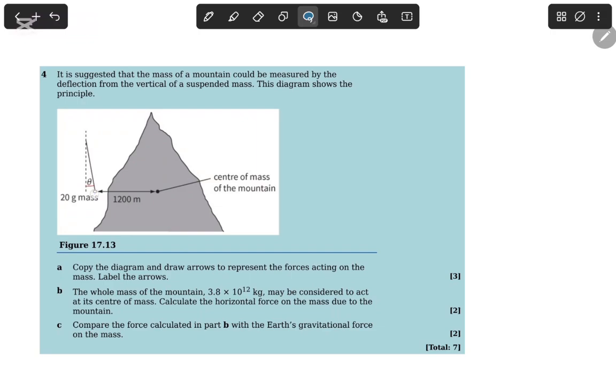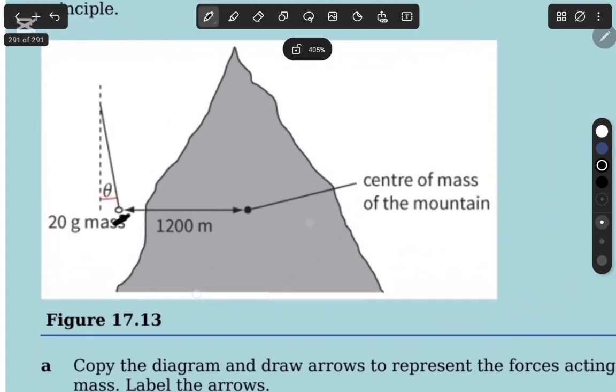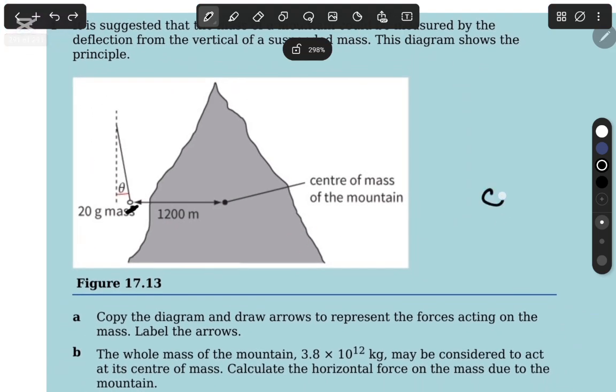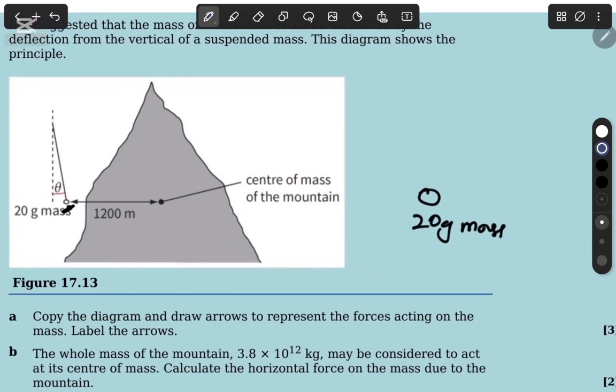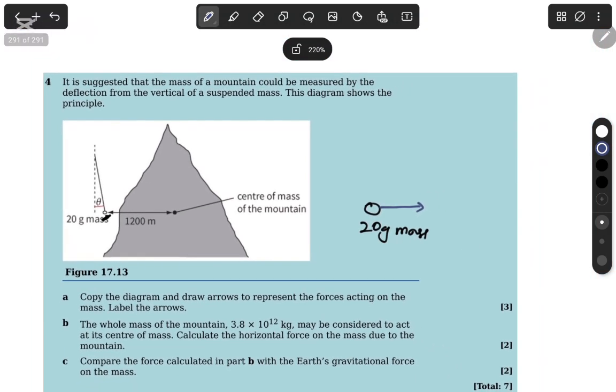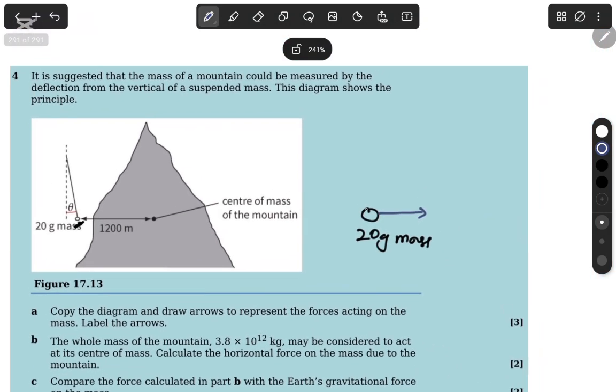So this is the small mass here, and this small mass is going to experience a gravitational attraction due to the mountain. So I'm going to draw the mass here. This is the 20 grams mass. Now it's going to experience a gravitational attraction towards the mountain because mass attracts mass. Then it's going to experience a tension force, so a tension force will be exerted.